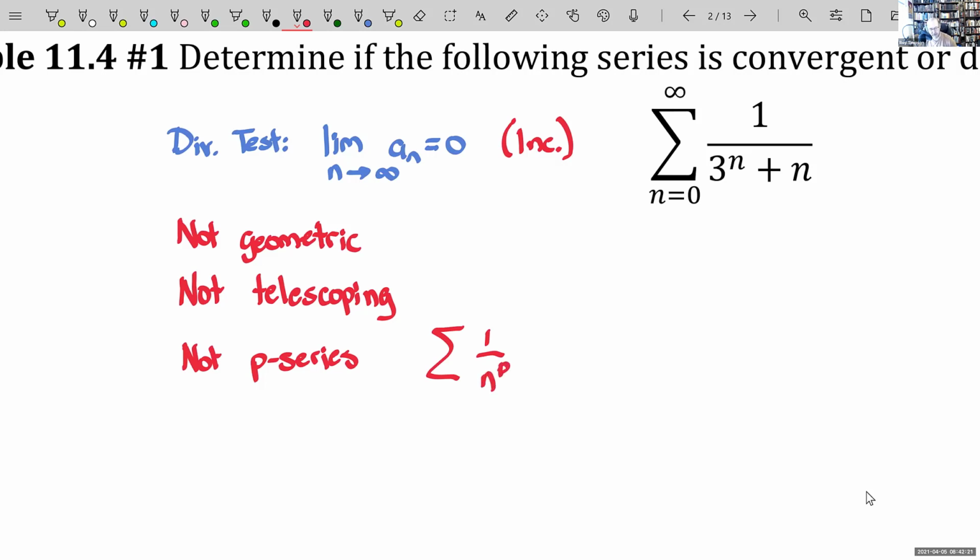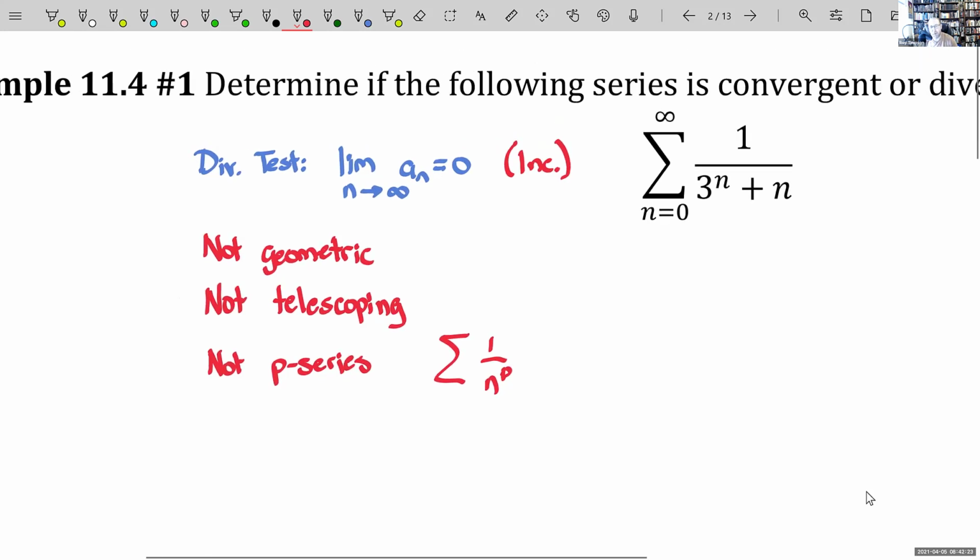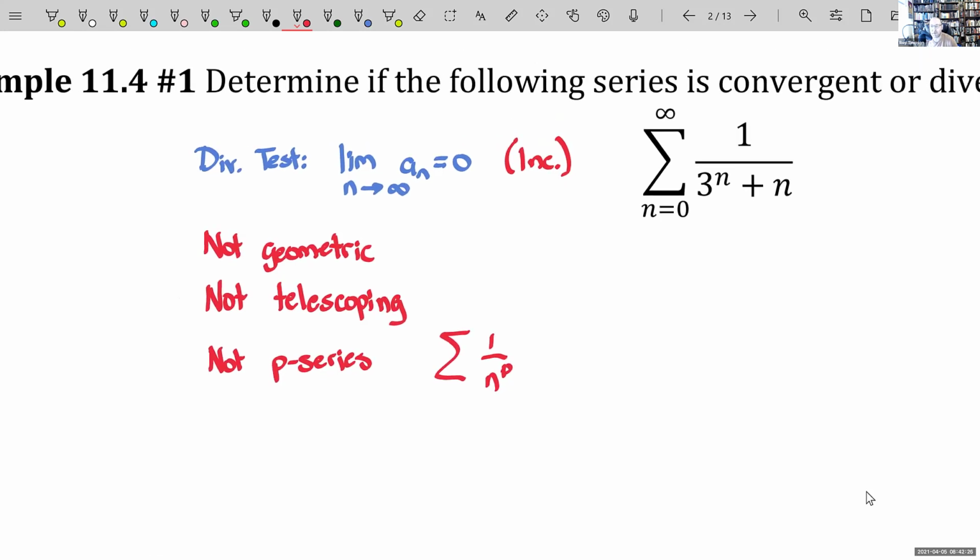And by the way, you may say, well, let's see, can we do the integral test? If you want to integrate 1 over 3 to the x plus x, be my guest. I don't want to. I'll put it in green.